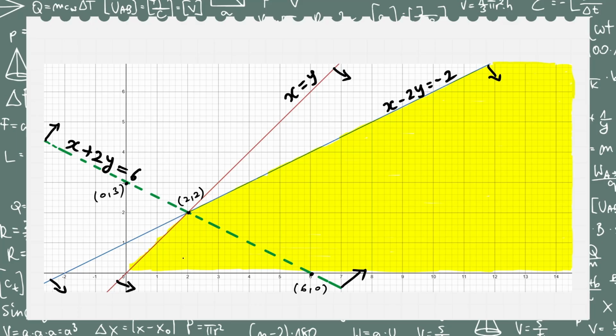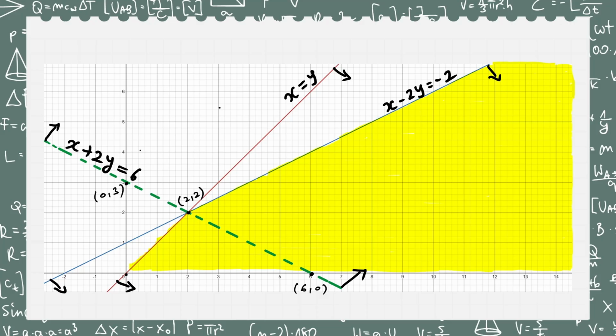Now, which side of this dotted line has the maximum value for our objective function? That we need to find out. I mean, we need to know which side of this line has x plus 2y more than 6. So for that, you take some random point. Suppose we take the origin side; the origin is below the green dotted line.